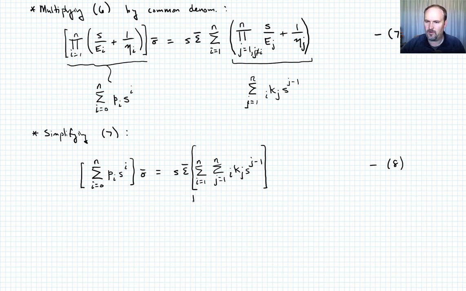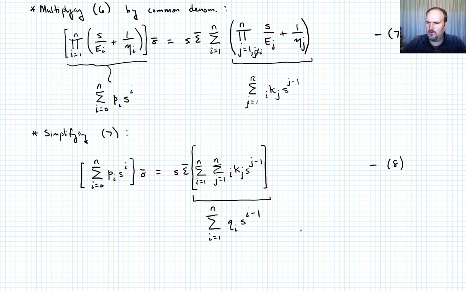So we can write this whole thing as the sum from i equals 1 to n of, we'll call it q sub i, and then we still have s to the i minus 1.